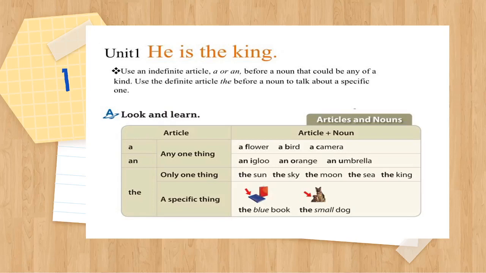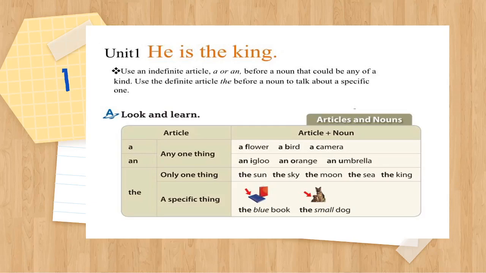You can see in this column that you need to look and learn. They divide it into two columns: the first one is article, and another one is article plus noun, right? Now let's look at a and an. We use a and an for any one thing.